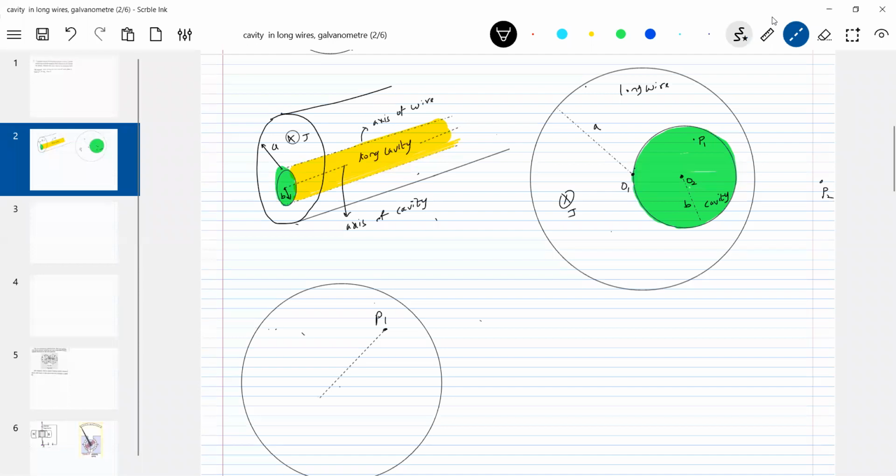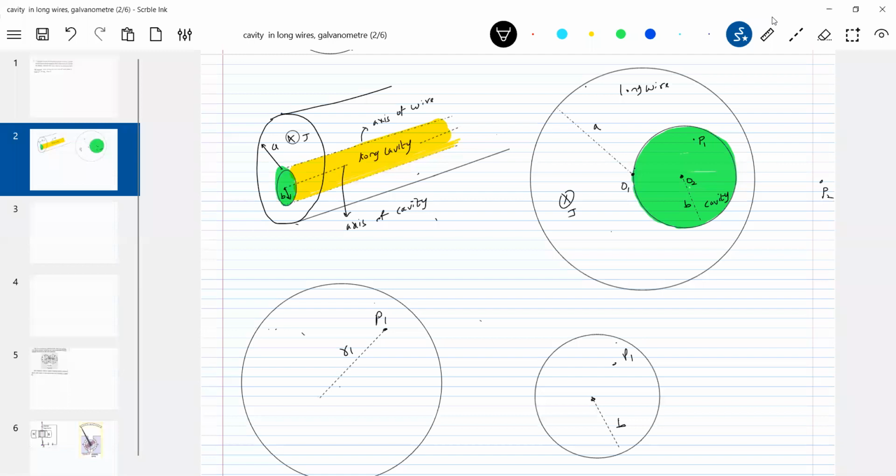Next, again we are having a cavity. This is a point P1. And what is the radius of this cavity? Let this be R1.